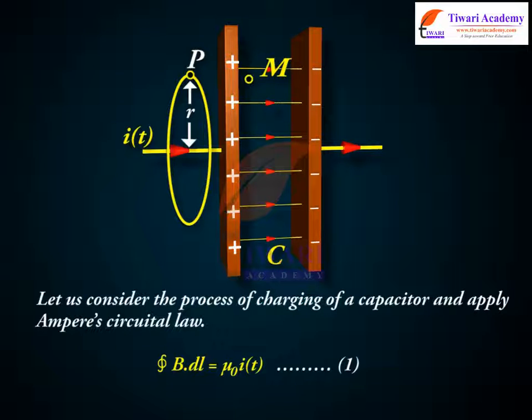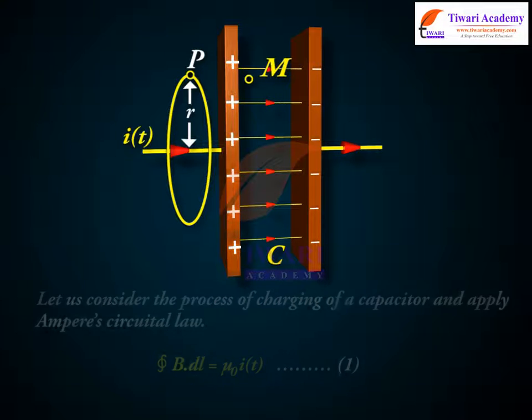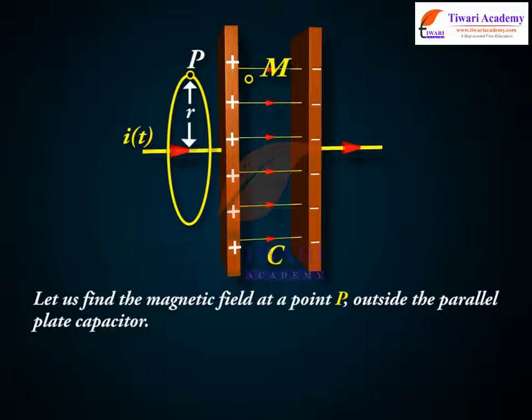Line integral around closed curve B dot dl is equal to mu naught I t. Equation 1. Let us find the magnetic field at a point P outside the parallel plate capacitor.